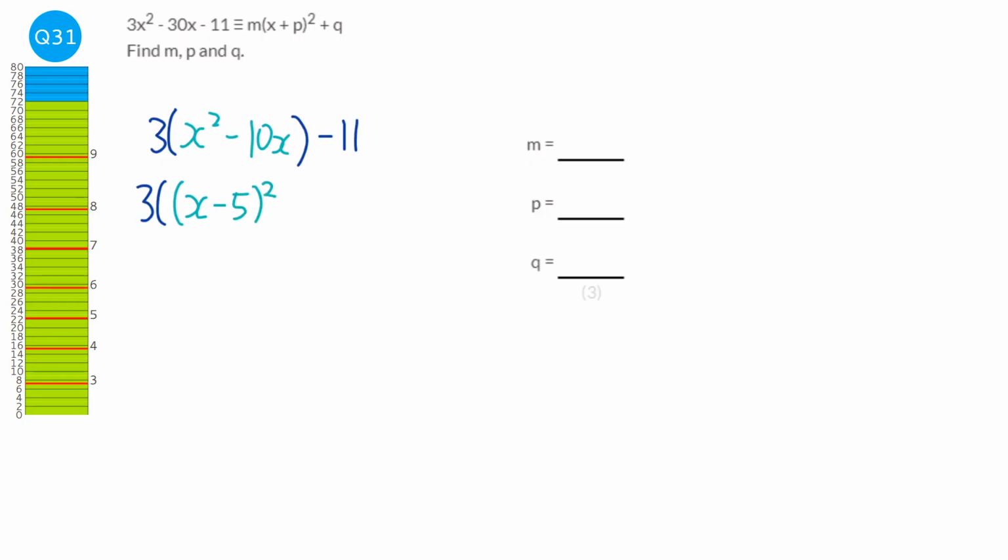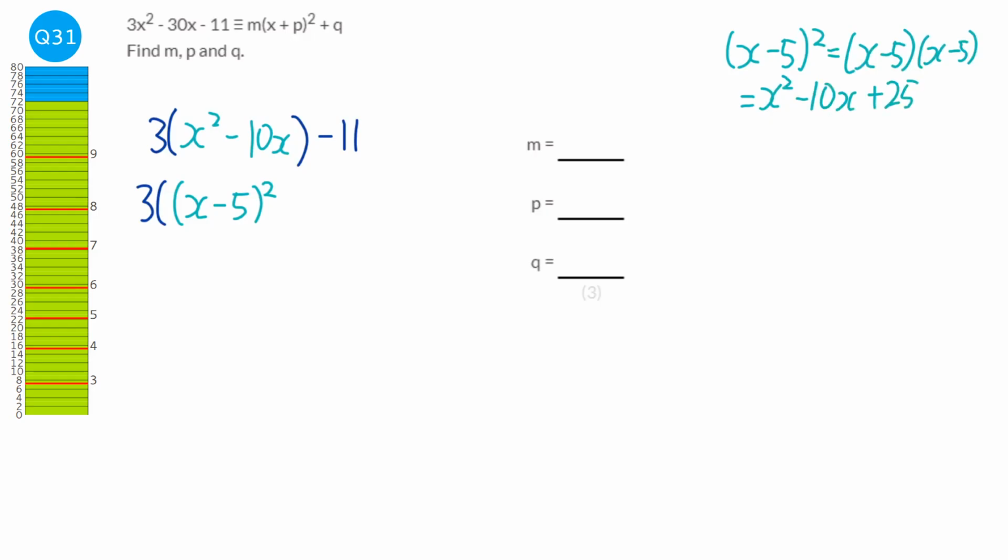Now I'm going to leave that half done, because across here I'm just going to expand that and show what that creates. So x minus 5 times x minus 5. So we get x squared minus 10x plus 25.